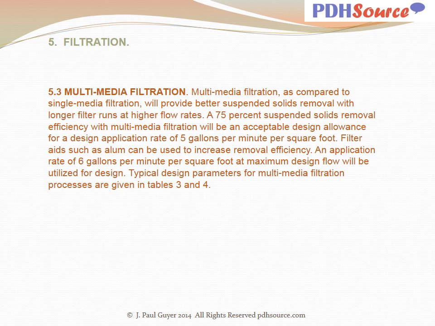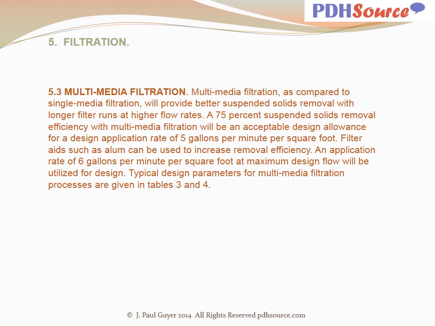With respect to multimedia filtration as compared to single media filtration, it will provide better suspended solids removal with longer filter runs at higher flow rates. A 75% suspended solids removal efficiency with multimedia filtration will be an acceptable design allowance for a design application rate of 5 gallons per minute per square foot.